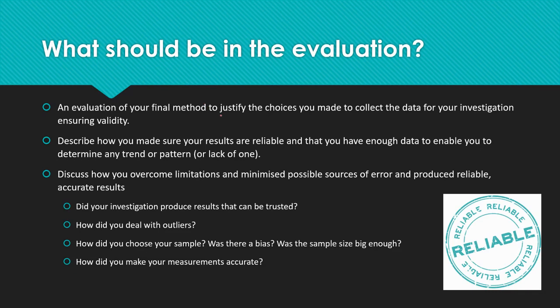So, you need to be able to justify, give the reasons for the choices that you made in the design of your investigation, and describe how you made sure your results are reliable and that you have enough data to enable you to determine any trend or pattern or a lack of one. In your evaluation, you're going to discuss how to overcome limitations and possible sources of error. And did your investigation produce results that can be trusted?